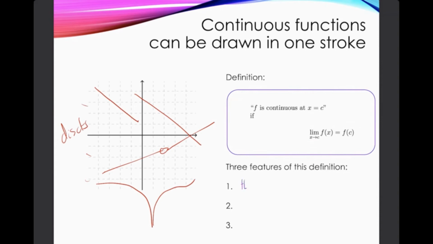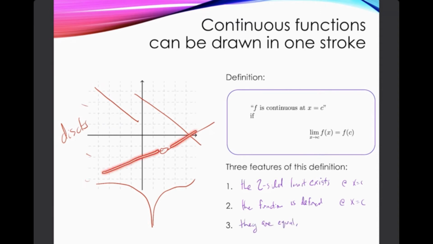So the two-sided limit exists. Of course, that implies the existence of the one-sided limits and that they're equal to each other also. The function value is defined. And furthermore, they're equal to each other.